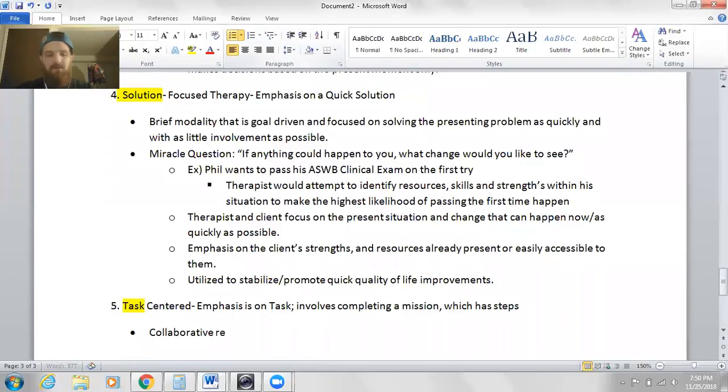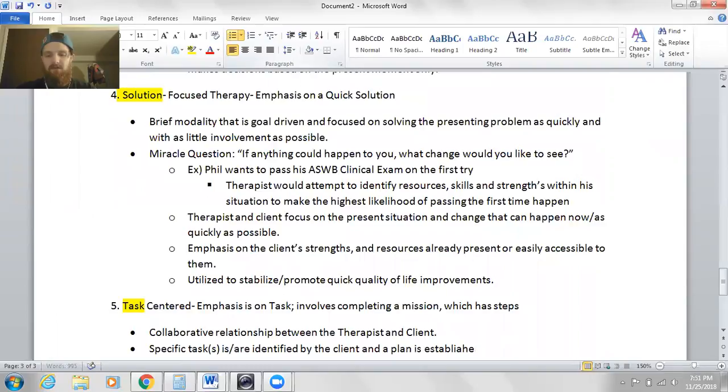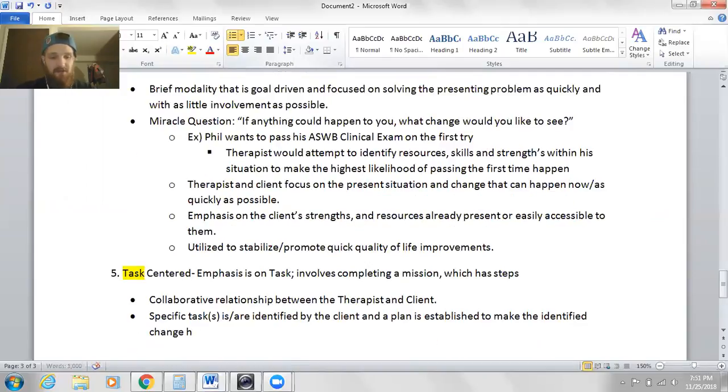So this is a collaborative relationship between the therapist and client. Specific task, or tasks if there's multiple, are identified by the client, and a plan is established to make the identified or intended change happen.